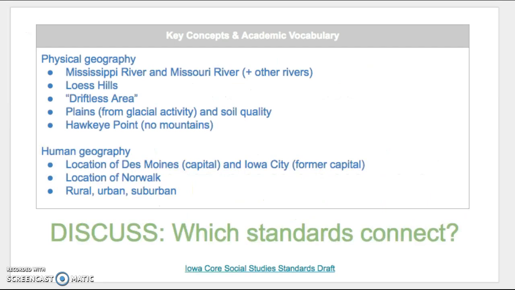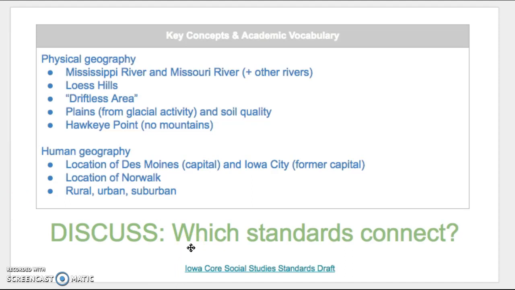Then you're going to sit down and make a huge list of all of your key concepts and the academic vocabulary. Okay, so now what I want you to do, we're going to move forward and do this part where we're going to see which standards connect.